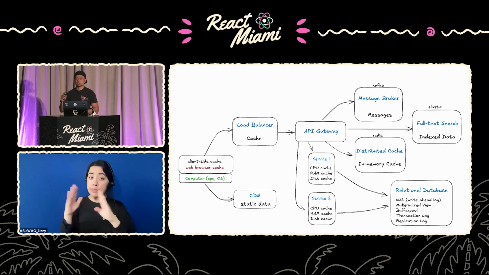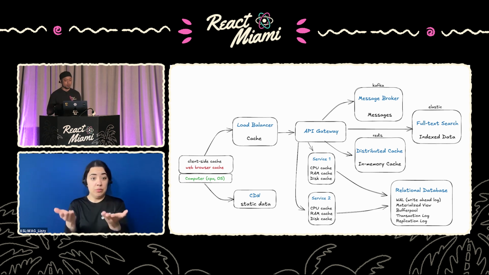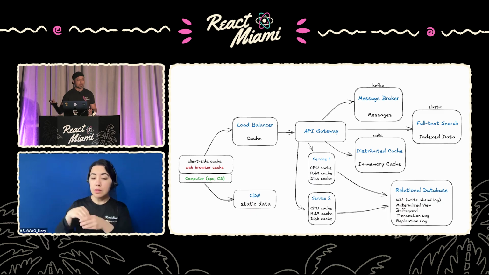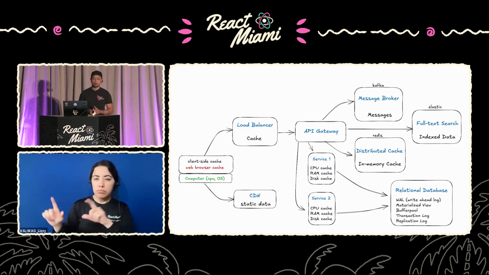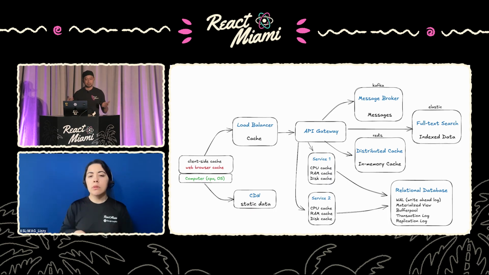You can see here that there's caching happening in your laptop CPU, and OS, in load balancer, in CDN, in API gateways, in your Redis distributed cache, in full text search, in the message broker, and of course in, for example, relational database instance.